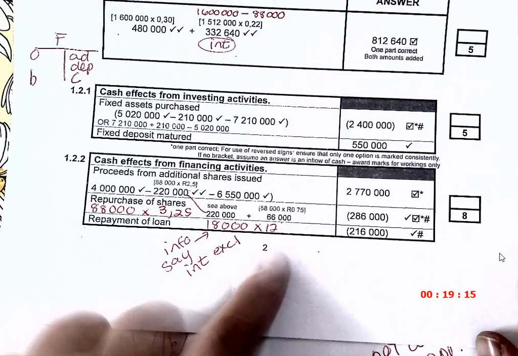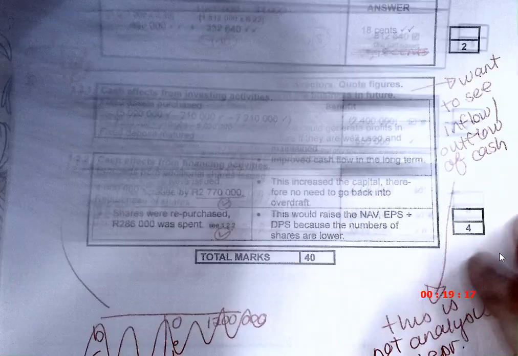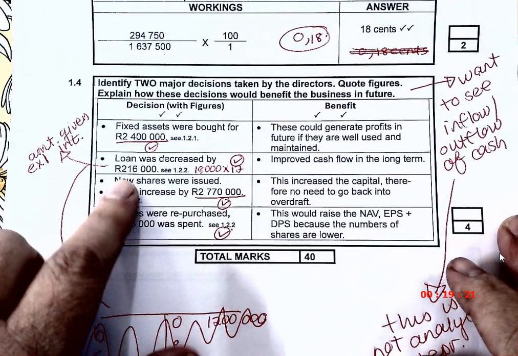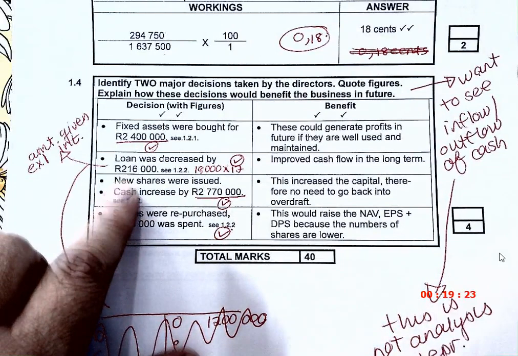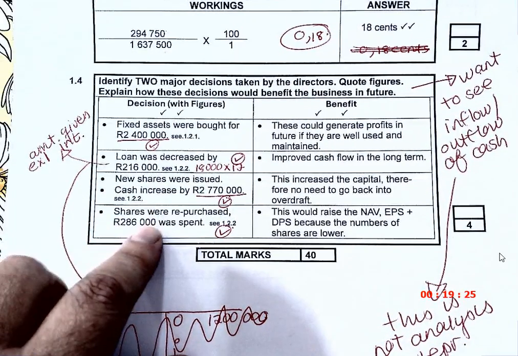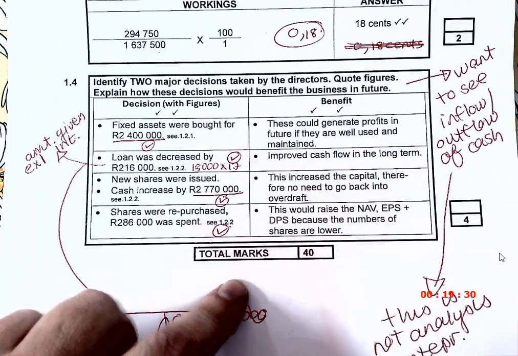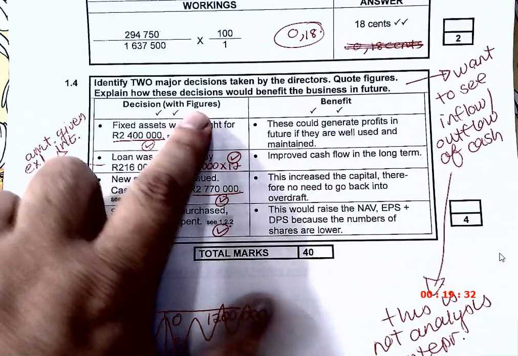You guys with me? Okay. So just go look at that one. Let's go back to this. So this, I had to use your wrong figure. If you said an increase in loan, new shares, shares repurchased, anything like that, 1 mark, I had to refer to your figure.